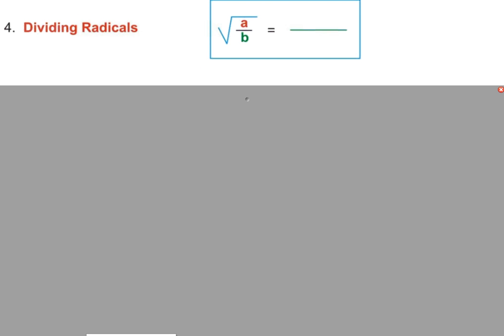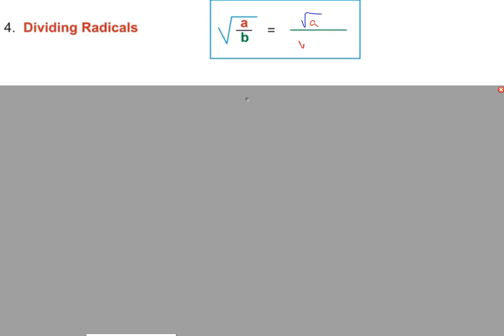Okay, so that's multiplication. What about division? Notice here we have a fraction for a radicand, right? What's under the radical sign? A fraction. These really are not hard. What you do is you split it up. The numerator of the fraction is the square root of the numerator.